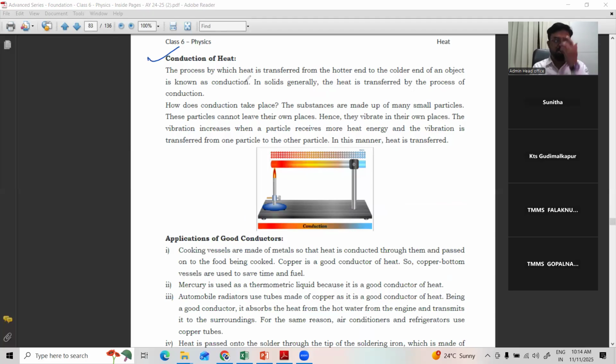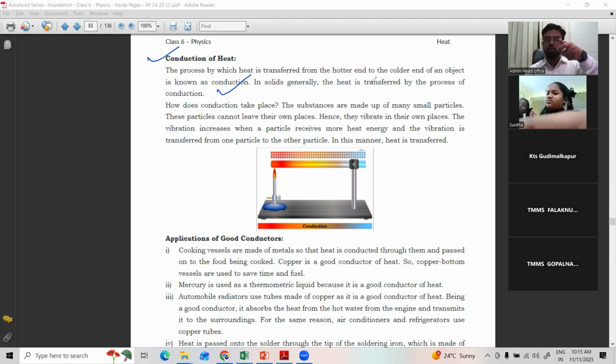The process by which heat is transferred from one hotter end to the colder end of an object is known as conduction. In solids, generally the heat is transferred by the process called conduction. So heat is transferred from one hotter end to colder end. Where you are holding is the colder end, where the fire is there, that is the hotter end.